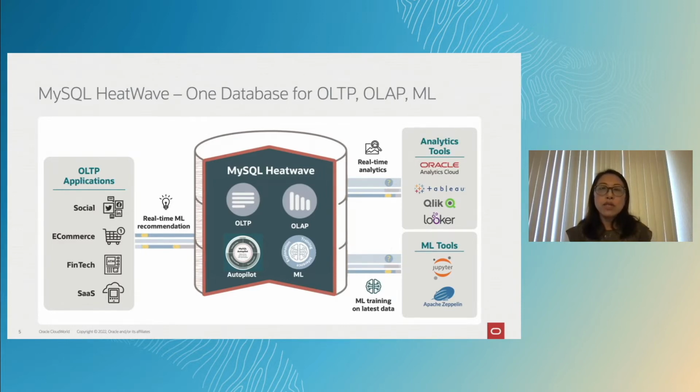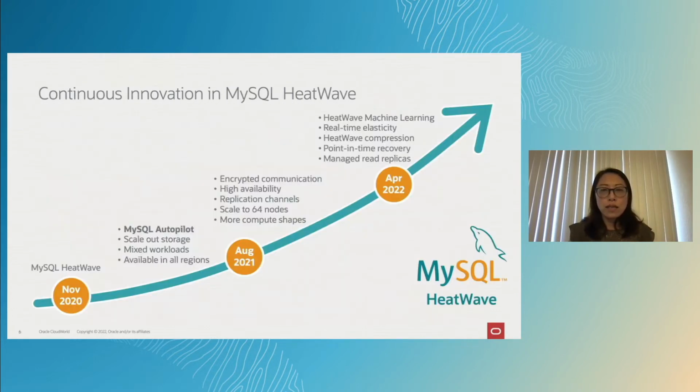And because our machine learning makes use of the HeatWave cluster, it makes use of the inter and intra node parallelism to provide very fast speed for machine learning capability. And on top of that, we have autopilots that helps to automate and improve the performance and scalability for OLTP, OLAP, and machine learning. So let's see how our autopilot can actually be able to do that.